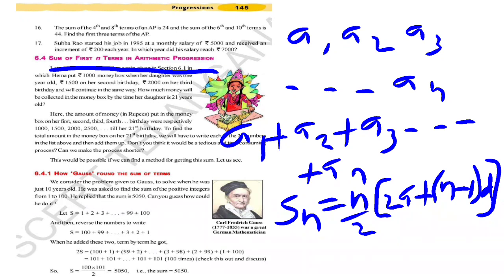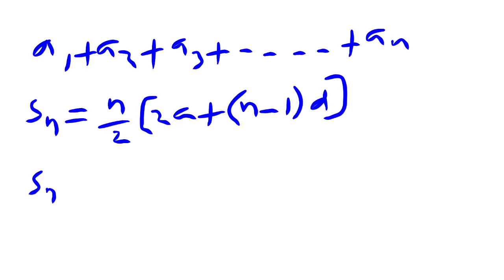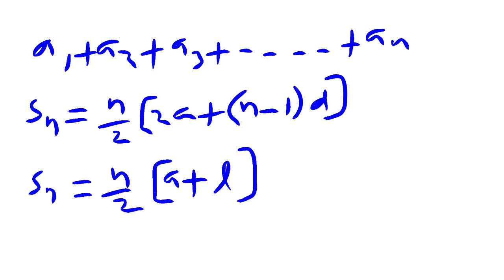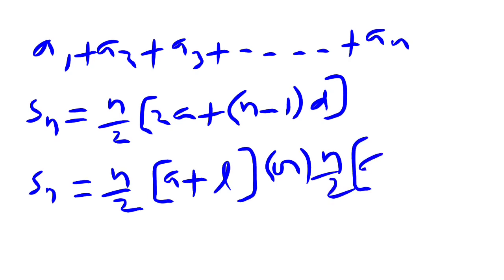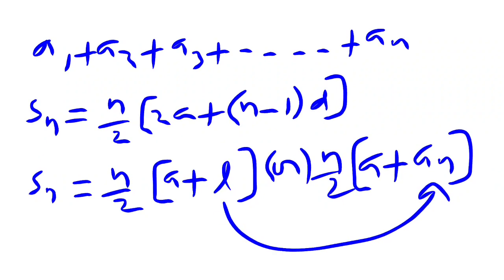We have one more formula for the sum of first n terms. The other formula is Sn equals n by 2 of a plus l, or n by 2 of a plus an. Why? Because l and an are both the same. That is why n by 2 of a plus l or n by 2 of a plus an.